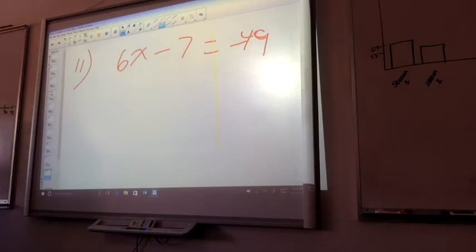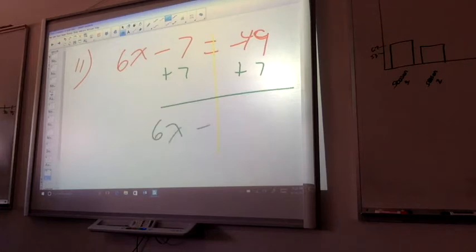Add 7. So 6x is equal to negative 42, divided by 6. So that would give us x equals negative 7.